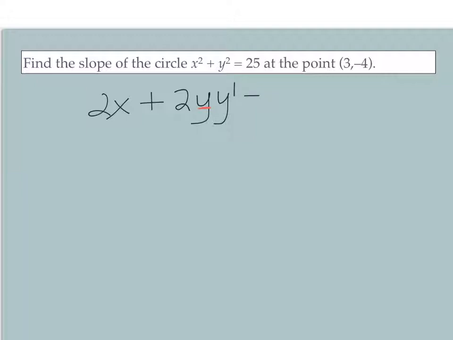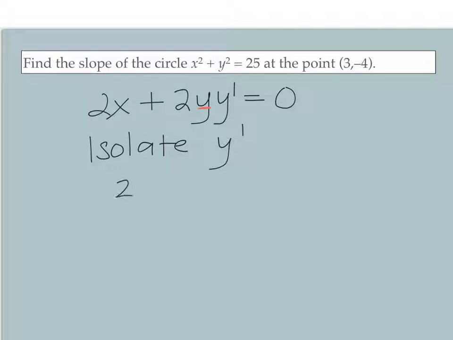Now, then I take the derivative of 25. What's the derivative of a constant? 0. Now what you want to do, once you've done that, is isolate y prime. So what would I do here to isolate y prime?